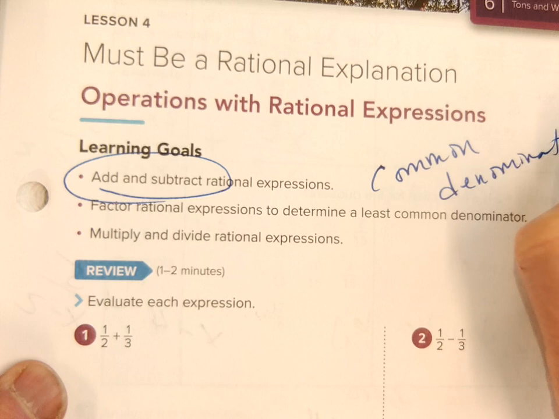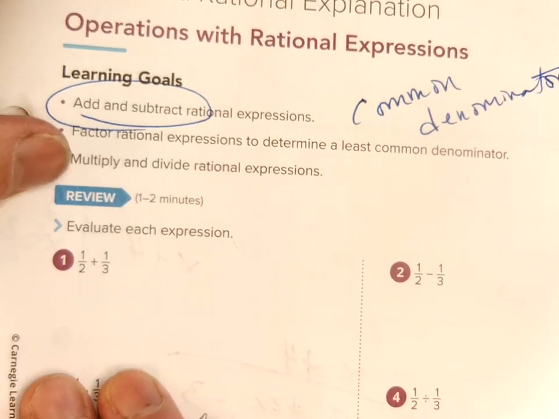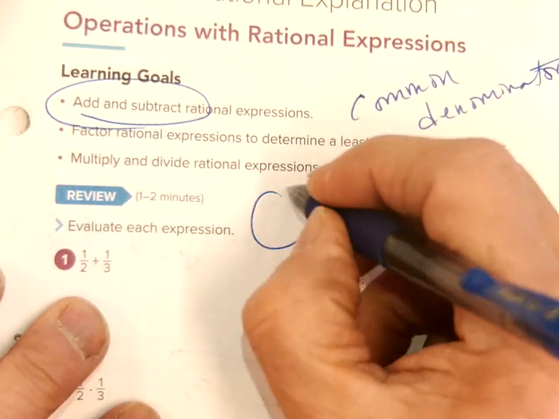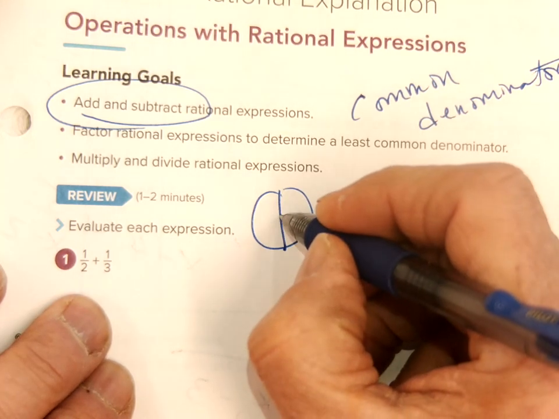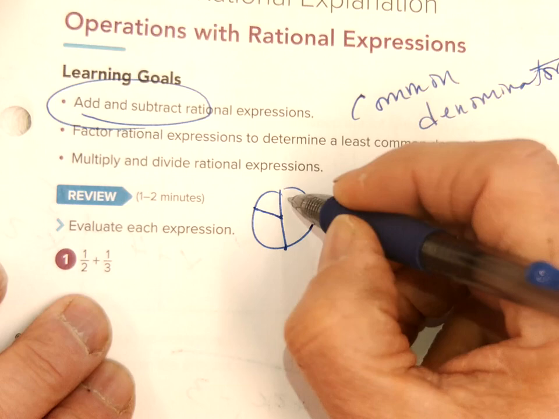Of course, during COVID, I'm not so sure if you guys even did this during middle school, but here we go. So if I have half plus a third, a real easy visual is you've got a half, then you're going to add a third. Well, a third is like this much. So what do you have? We've got half and a third.